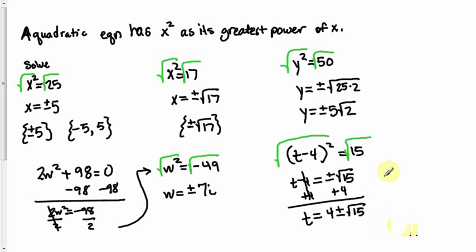So if I wanted to write these spread out, it would be 4 plus the square root of 15 and 4 minus the square root of 15. But you, of course, can just include them like that in your set. Any questions so far?